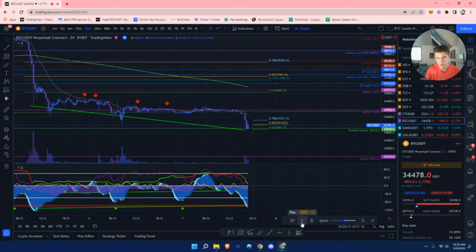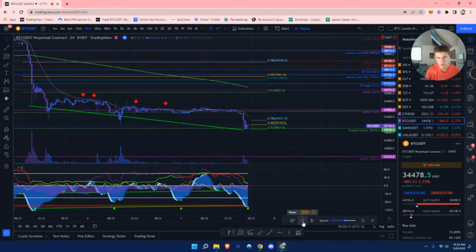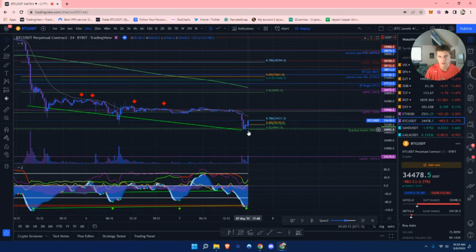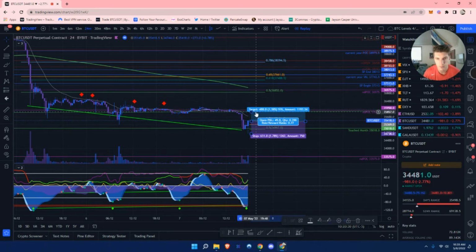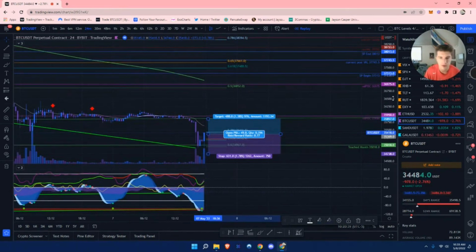So I'll just hit the play button here. And so I would have entered based off of this right here. We would have gotten a nice retest, would have put your stop loss right below that last low, and then really just aim for a take profit. Not really a good trade, but again, you guys should get the point.